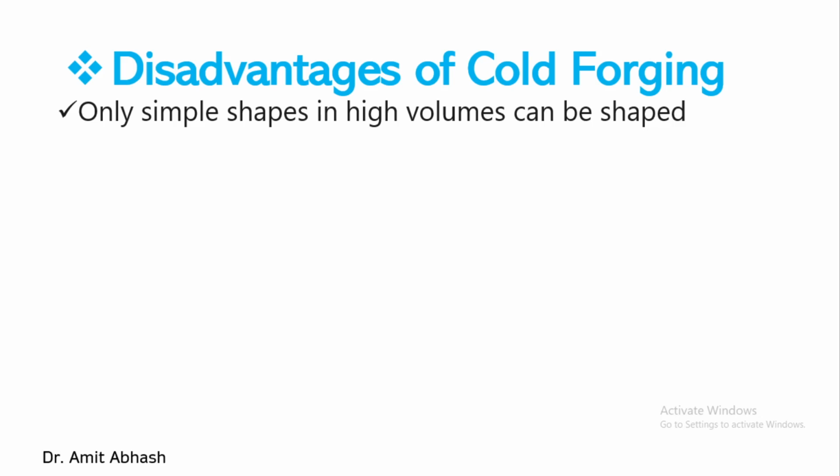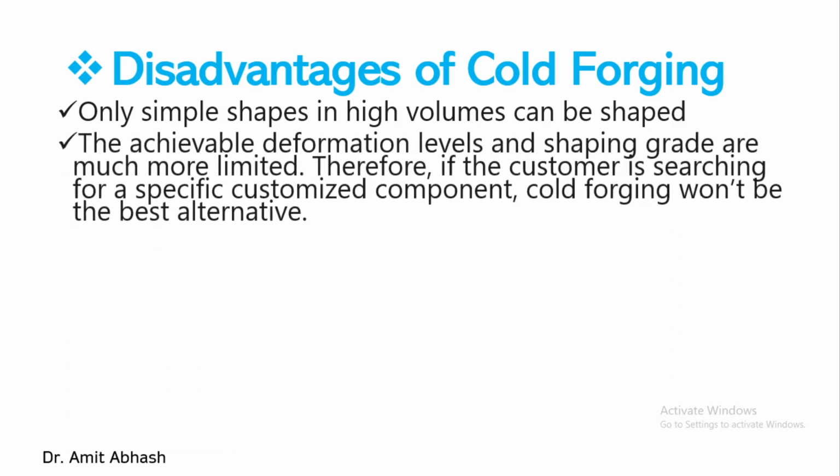That's why you can deform it more, and complex shapes can be produced. But in this case, since you are working at room temperature, we can only produce simple shapes in high volume. So this is disadvantage one.